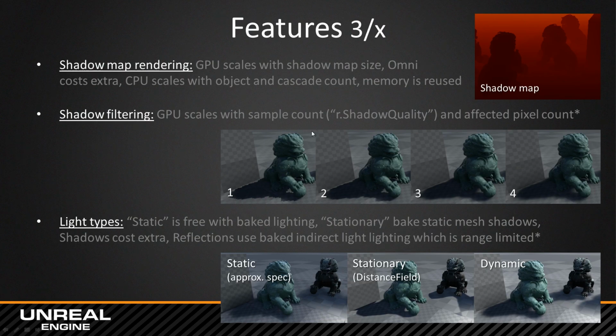So here you can see if you modify the quality, r.shadowquality, 0 would be off, and then 1 is basically almost unusable, bad quality, but it's a good test to see if you have a performance issue there in the filtering. And then here that's normal percentage closer filtering, and this is more and more samples with that.